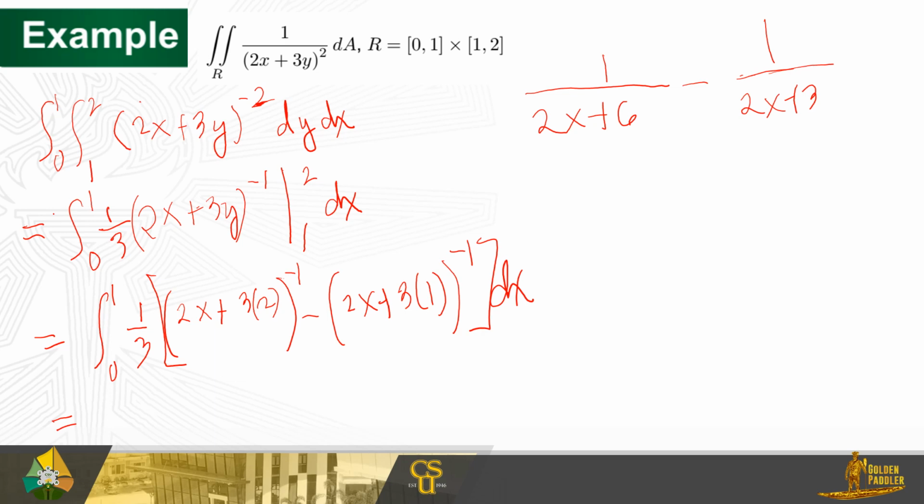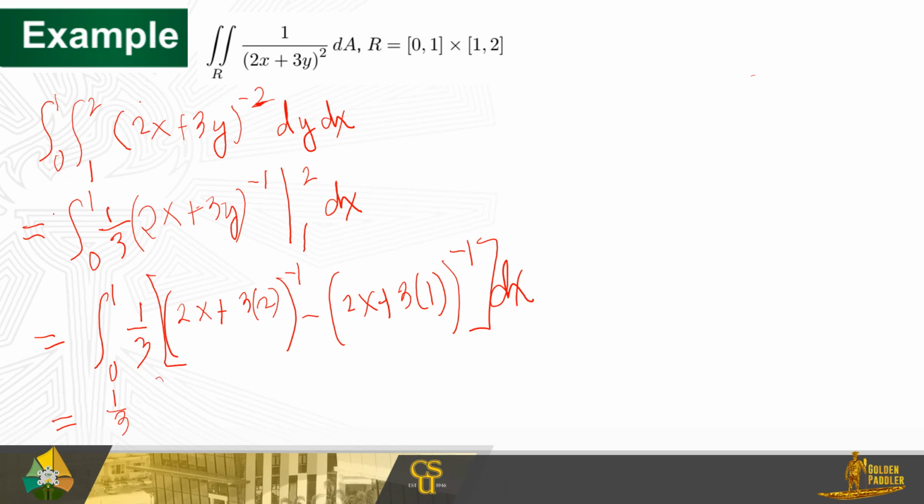Okay. So makita natin, no? So parang hindi na siya lowest term. So pwede ganyan na lang, okay? So ika-copy lang natin yan later, no? So meron tayong 1/3. Okay? So pwede dito yung 1/3 ilalabas lang natin sa integral.